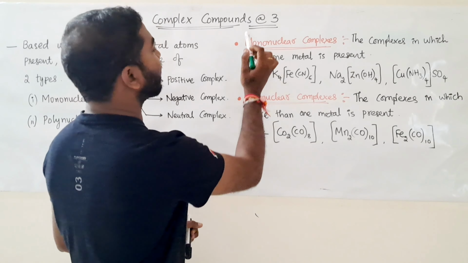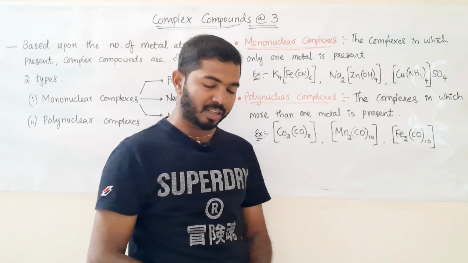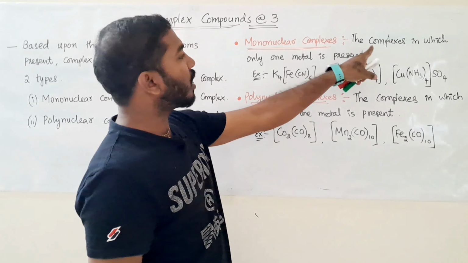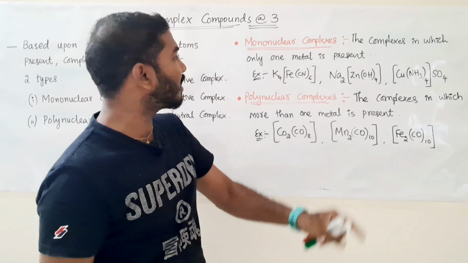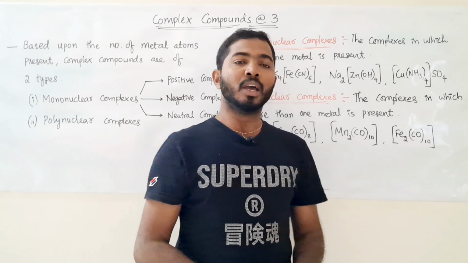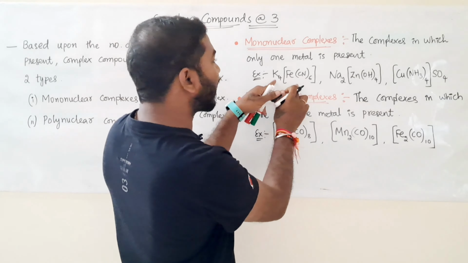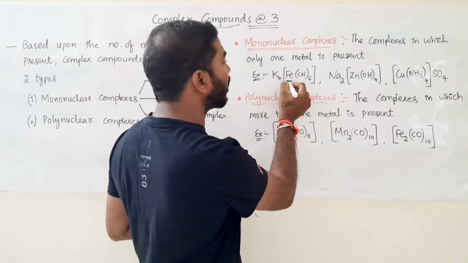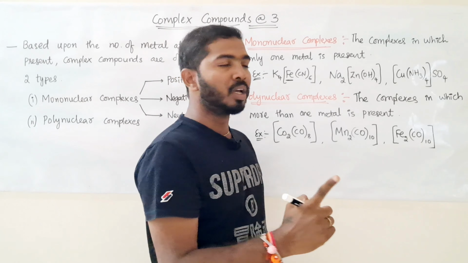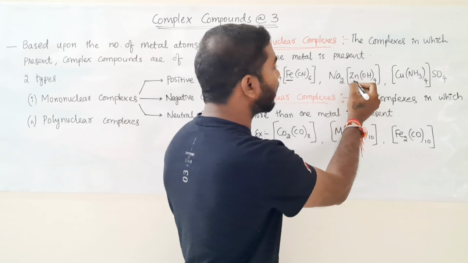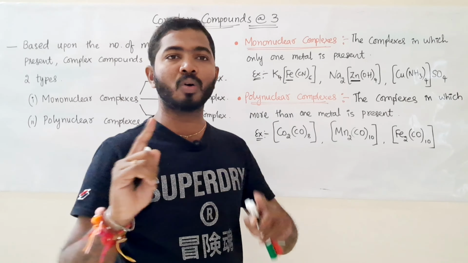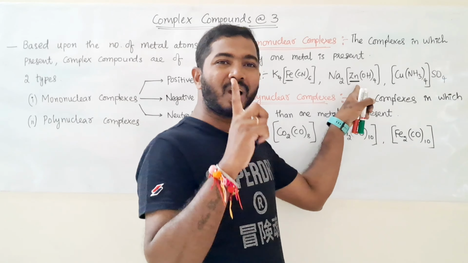Firstly, let us understand what mononuclear complexes are. As I told you just now, they are the complexes which have only one metal. Here you can see a complex compound with only one iron atom. Similarly, in the other example, inside the coordination sphere we have only one zinc atom.